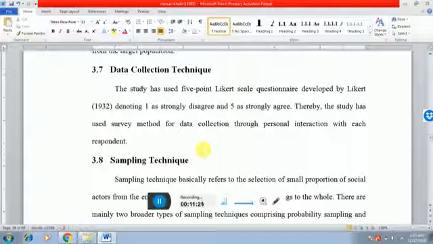You can write like this: in the second part of the questionnaire, the items related to the constructs were mentioned that were extracted from past studies, and then you have to provide the citations of where you extracted those particular items. Let's suppose customer satisfaction items were extracted from the study of so-and-so, and then customer loyalty items were extracted from the study of so-and-so. So you have to provide each and every detail of your research instrument under the heading of data collection technique.